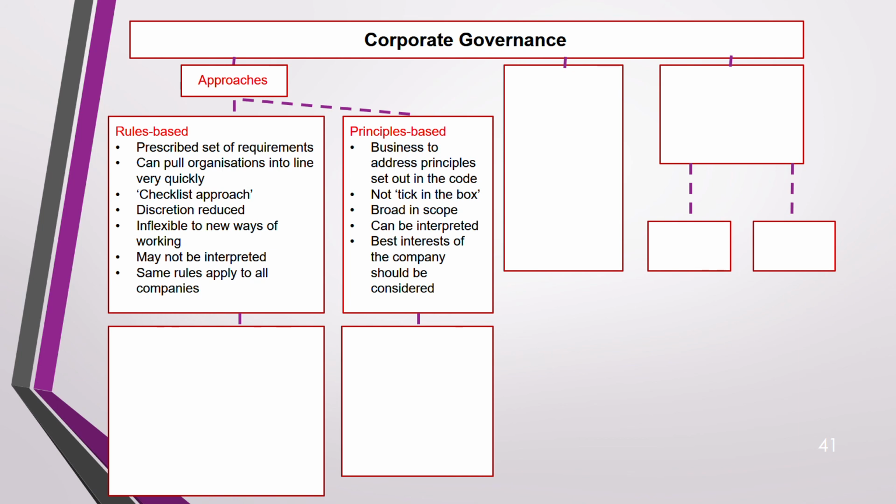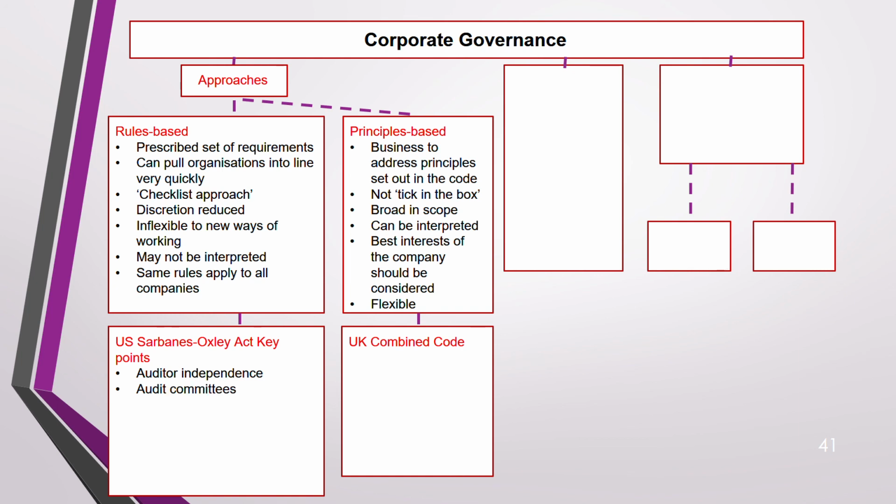So rule based is inflexible, and principle based is flexible. The rule based example is the US Sarbanes-Oxley Act. What are the key points under this? And what are the key points under the UK Combined Code, the example of principle based? In US Sarbanes-Oxley: auditor independence. How do you check whether auditors are independent or not? Change the senior audit partner every 5 years.